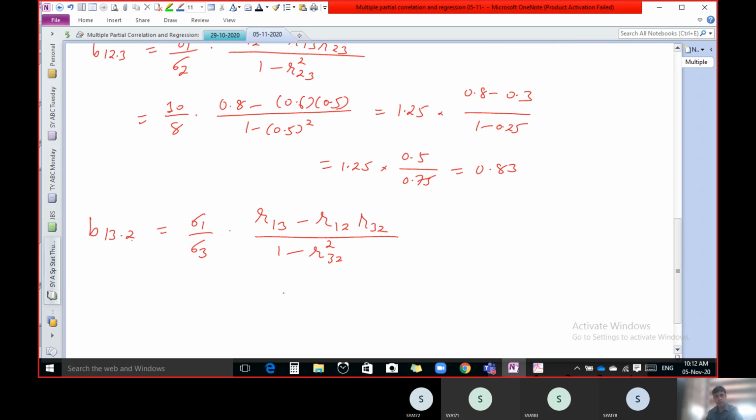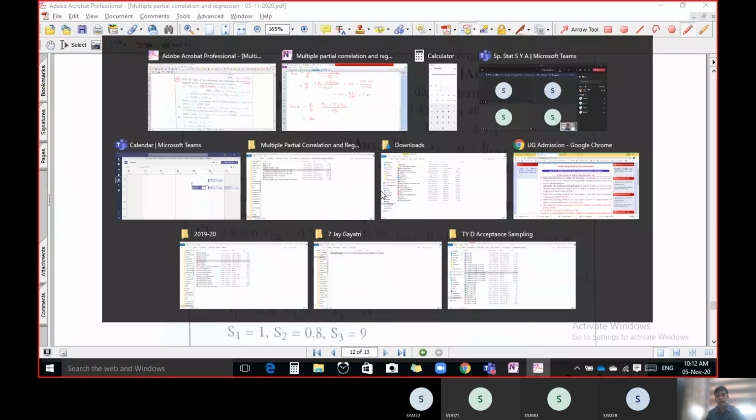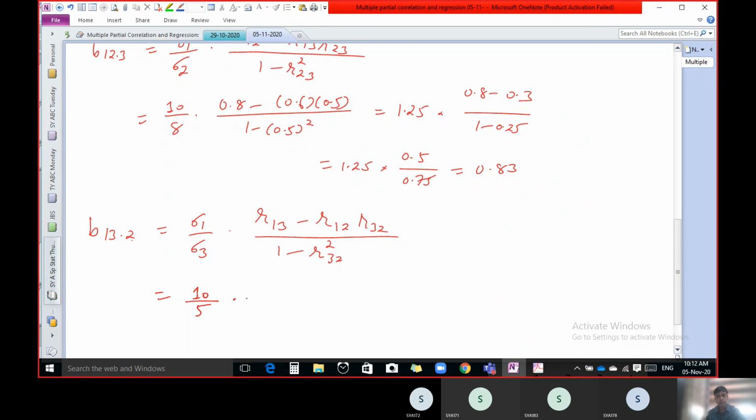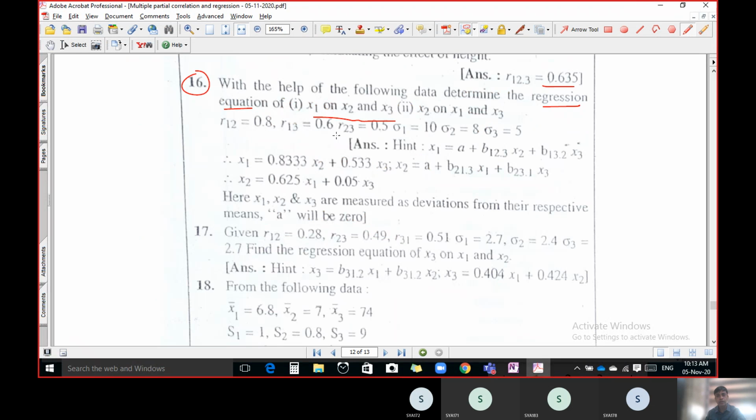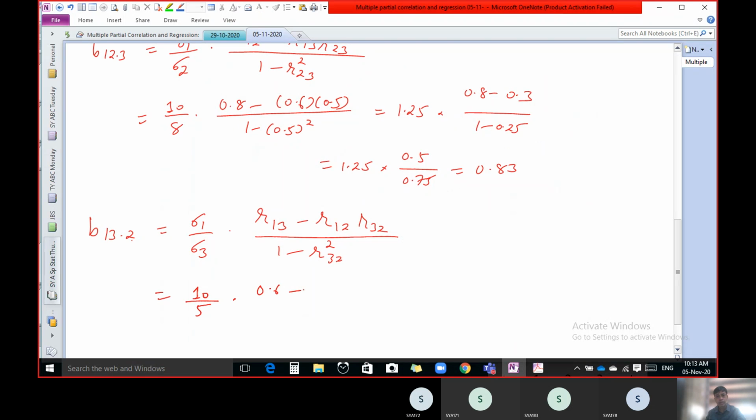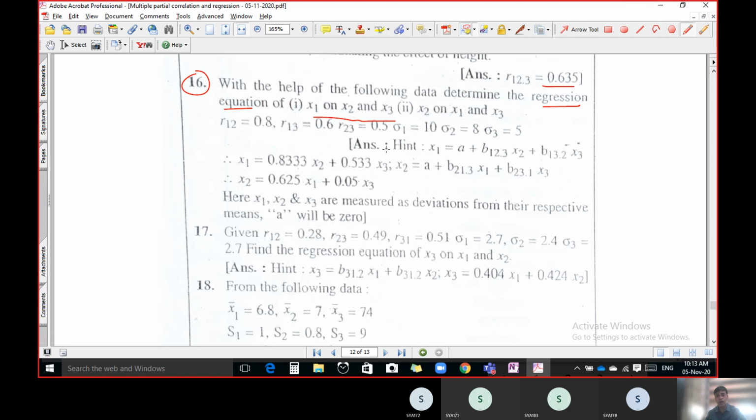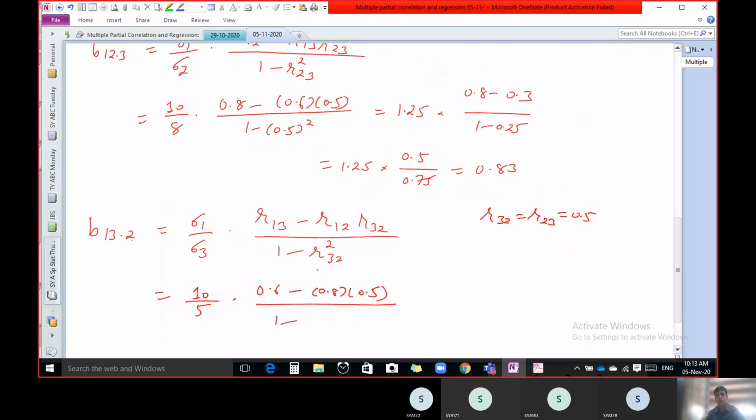Now put all the values. Sigma 1 is 10, sigma 3 is 5. R13 is 0.6 minus R12, which is 0.8, times 0.5, upon 1 minus R32. We know that R32 is the same as R23 and it is 0.5, so it is 0.5 square.